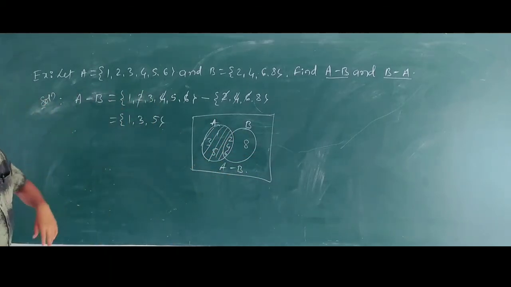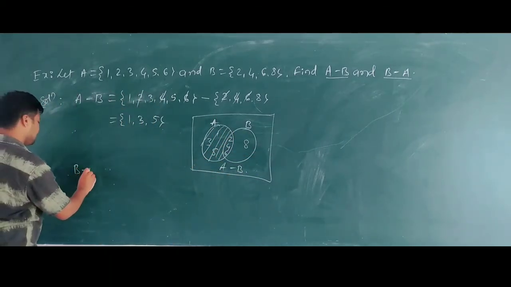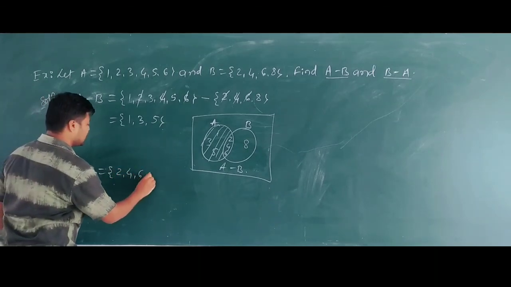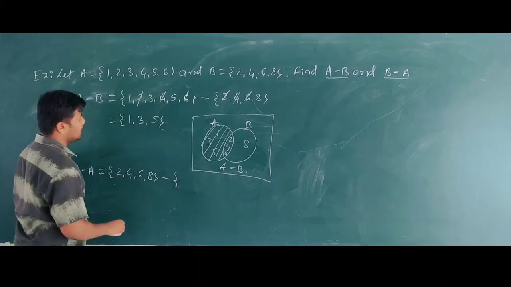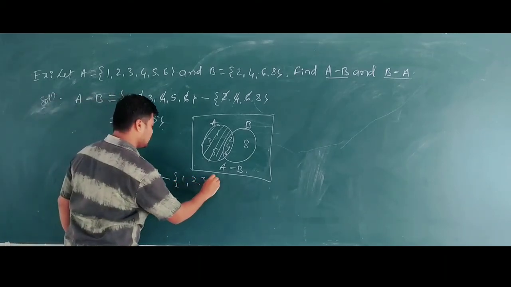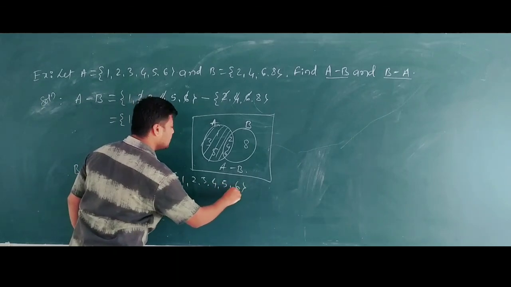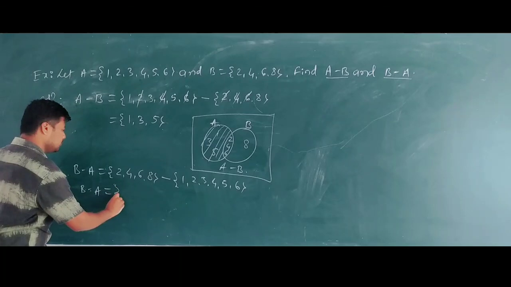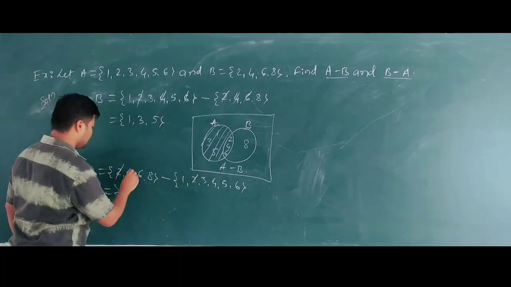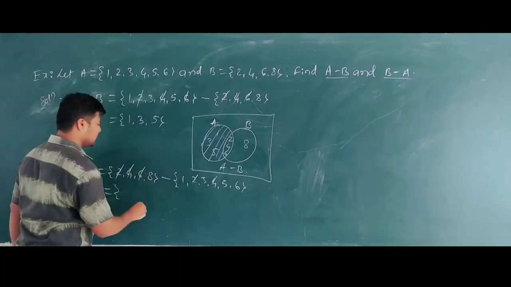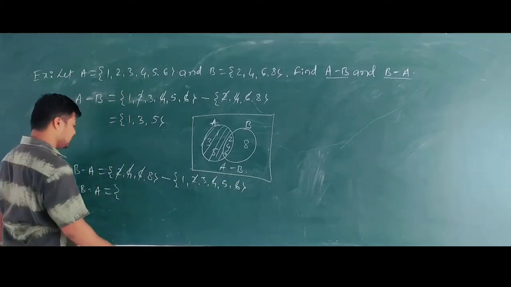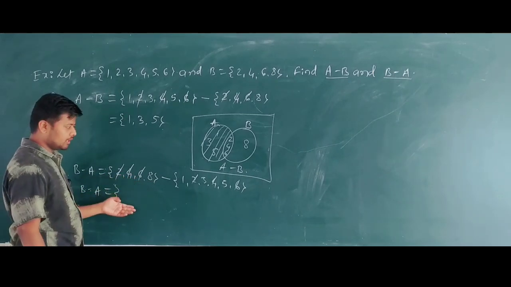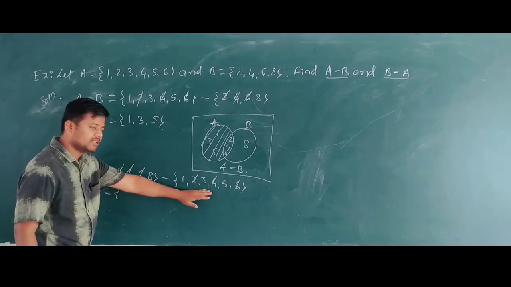Next, B minus A. First write down set B, 2, 4, 6, 8, minus set A, 1, 2, 3, 4, 5, 6. Cancel out the common terms, 2, 4, 6. Write the elements belonging to set B only.